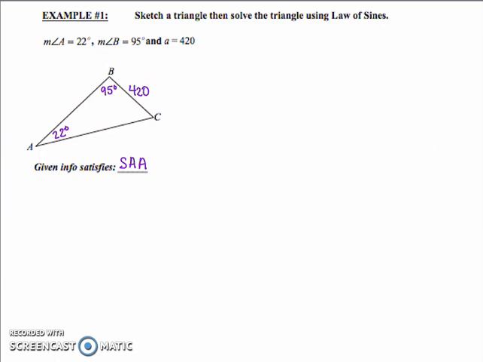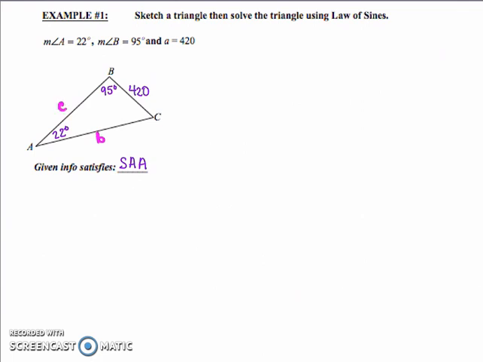The first thing I am going to do is use the fact that I know both angle A and side a. And since I know angle B, I could solve for side b, then solve for side c.